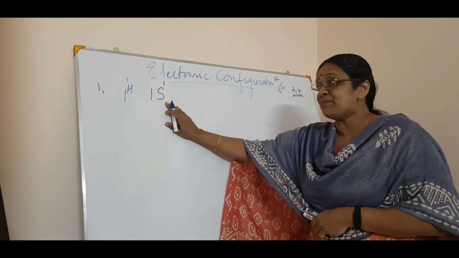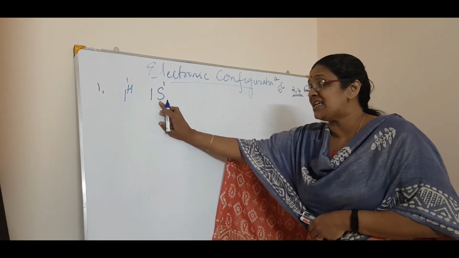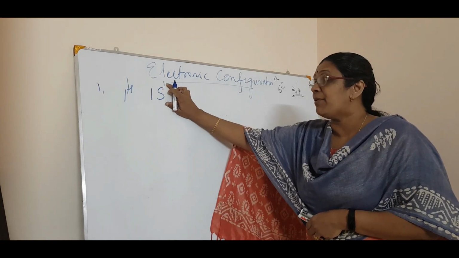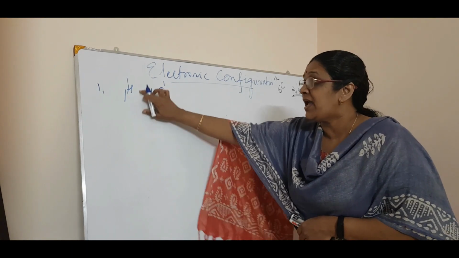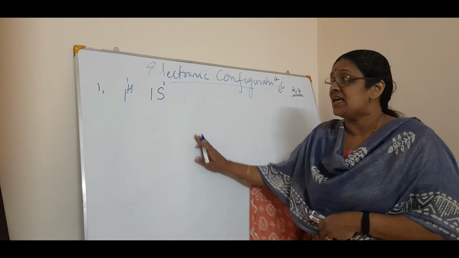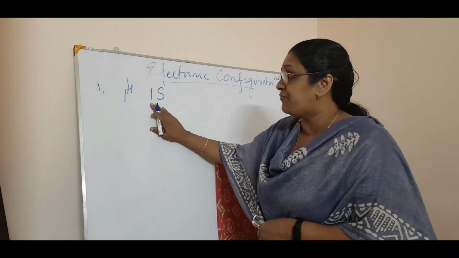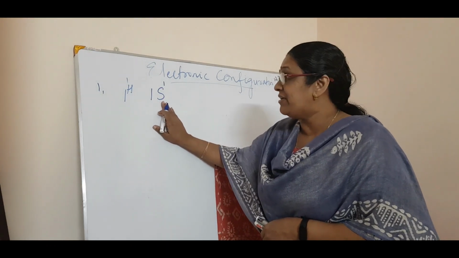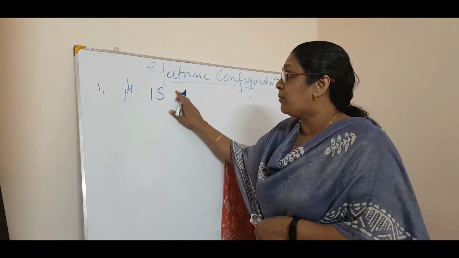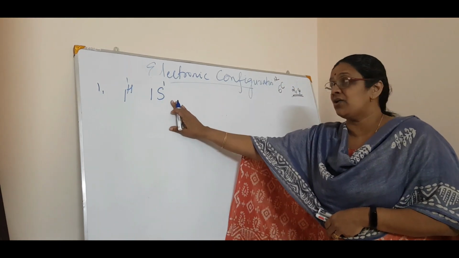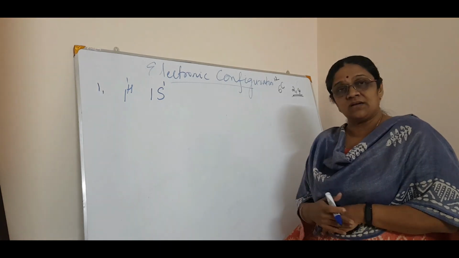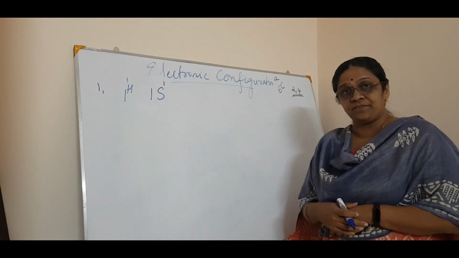But here, you will specify the principal quantum number as well as the orbital and the number of electrons in that orbital. And this 1s1 represents the hydrogen is in the first shell, only having s orbital. In the s orbital, only 1 electron. So, this is the notation of this hydrogen atom.